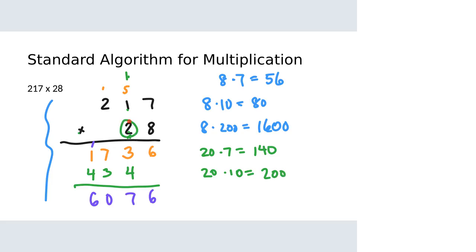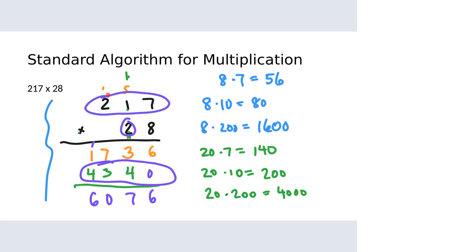And then when we do this 20 times this 200, that gives us 4,000. You'll notice what we end up with down here, all we see is 434. But the reason we've bumped over a place value is because we started in the tens. Everything gets multiplied by 10, so we're not going to have any ones here. 4,340 is the result of multiplying 20 times 217.